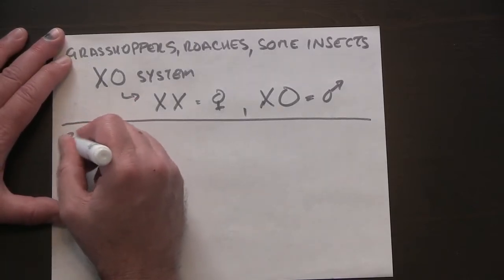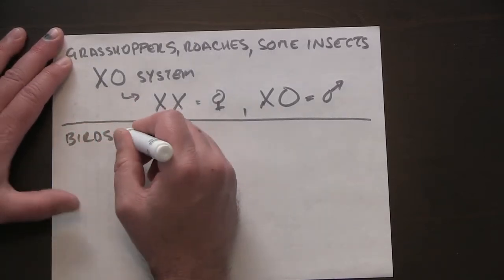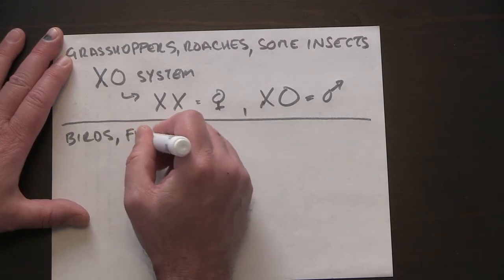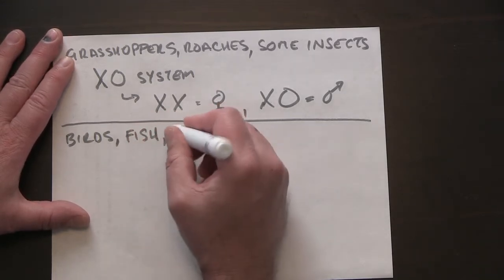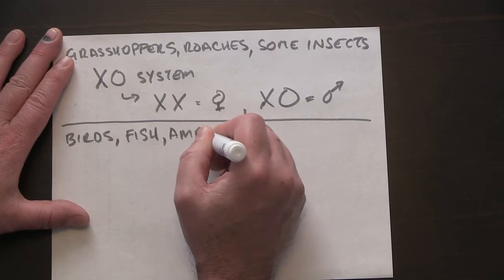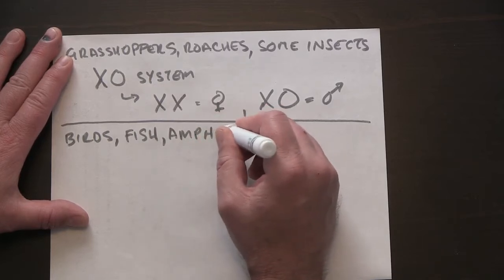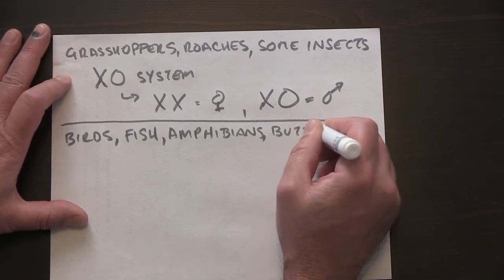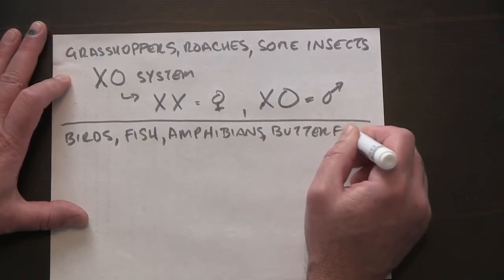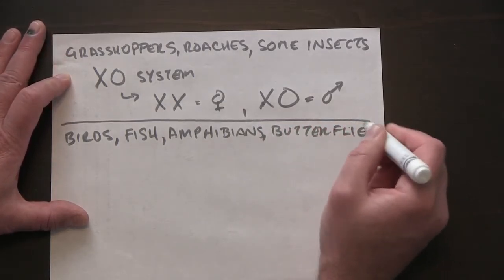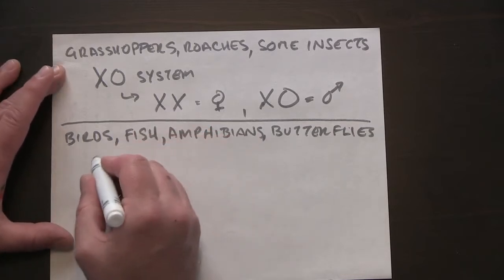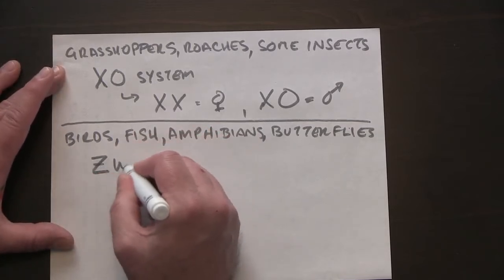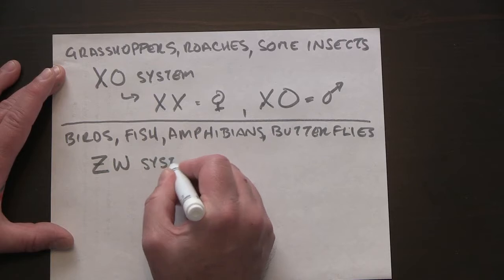In birds and some fish, amphibians, and butterflies, it's kind of the opposite of us. It's called the ZW system.